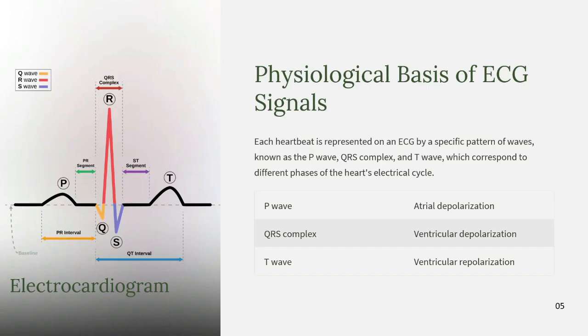Why are we not able to see the atrial repolarization? What is happening? The QRS complex frequency is higher, so it cannot capture the frequency of the atrial repolarization wave. What do you mean by capture?